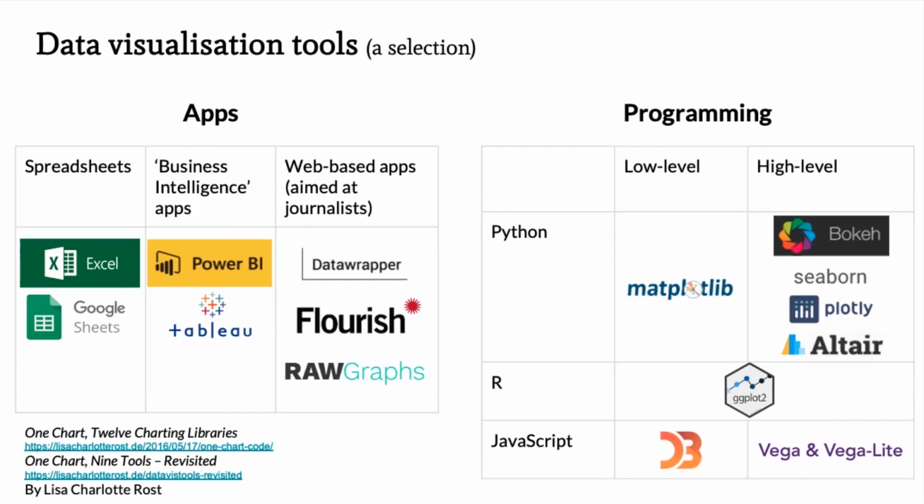On the programming languages, it really depends what programming languages do you know, or are you interested in learning? And I think that we can characterize the different code libraries in terms of whether they're low level or high level, by which I mean low level means a very high degree of control in creating your graphics, but you're writing a lot more code and it's taking longer.